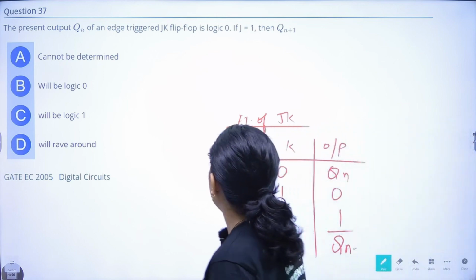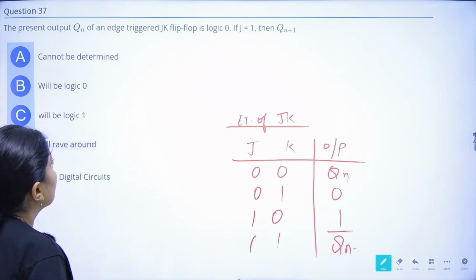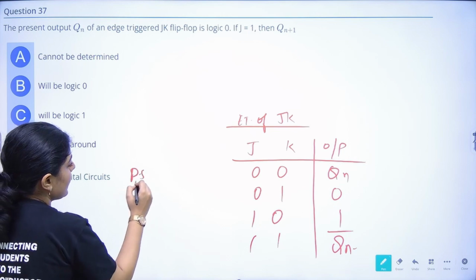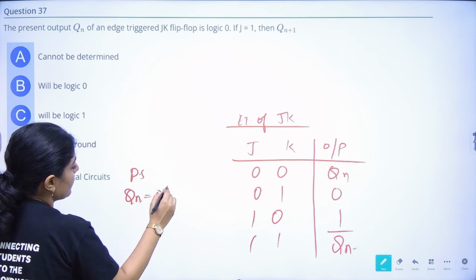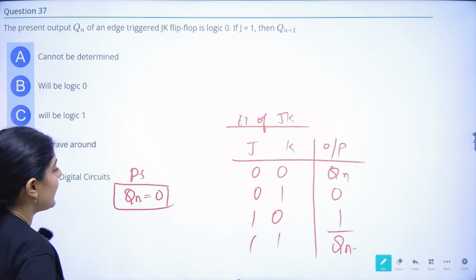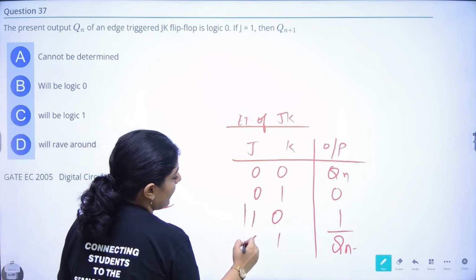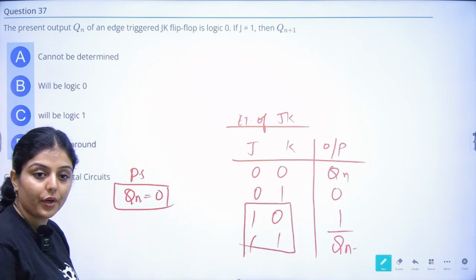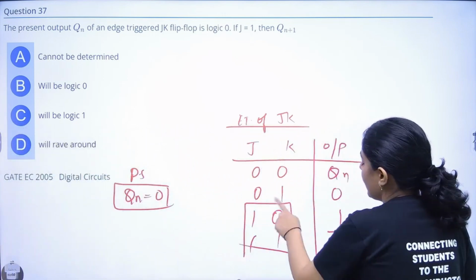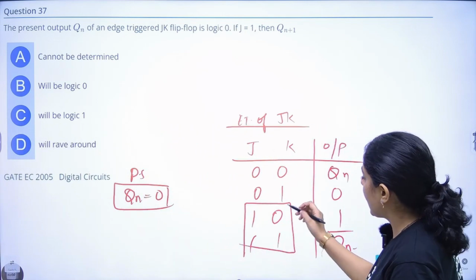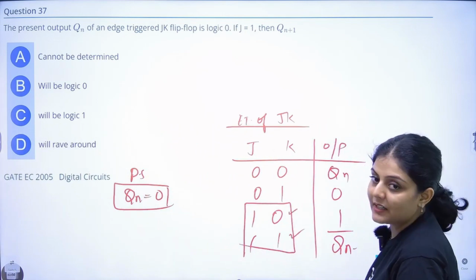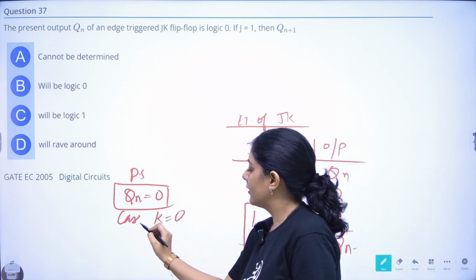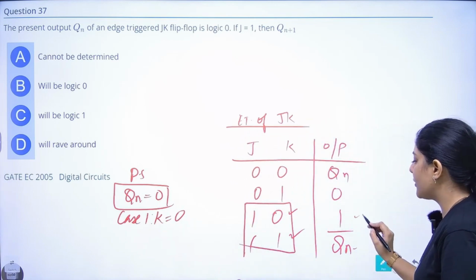So now they are saying that the present state Qn is equal to 0. And if J value is equal to 1, in either of these cases, then what will the next state be? Right? So now J value is 1 in both these cases, but K value is changing. Here it is 0, here it is 1. So let's just see. Case 1, if K value is 0, the output is 1.